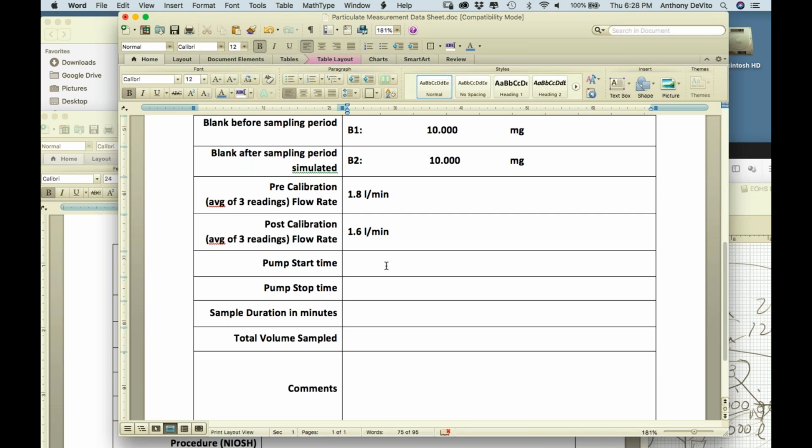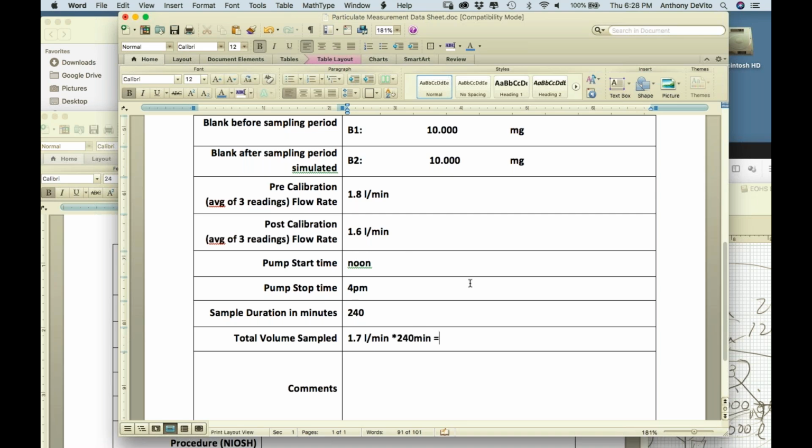So let's say the pump start time is noon and the end time is 4 p.m. So how long did we sample? 4 times 60 minutes, 240 minutes. And the total volume sampled is going to be 1.7 liters per minute times 240 minutes, right?